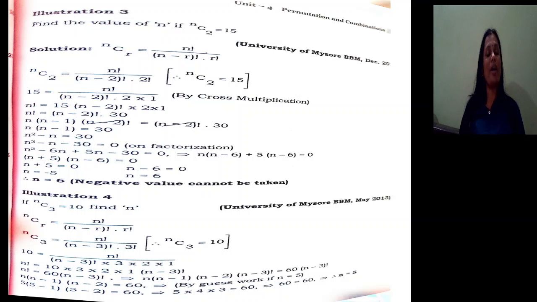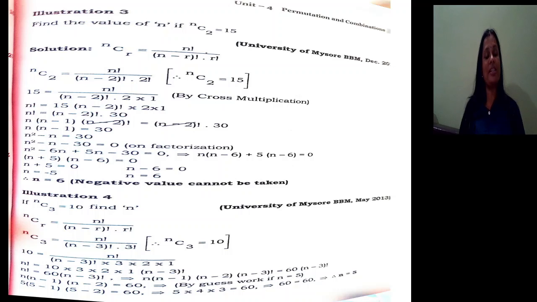So n square minus n is equal to 30. How did we arrive at n square? Because (n minus 2) factorial will get cancelled. So we arrive at n into (n minus 1) is equal to 30. So n square minus n is equal to 30. n square minus n minus 30 is equal to 0.